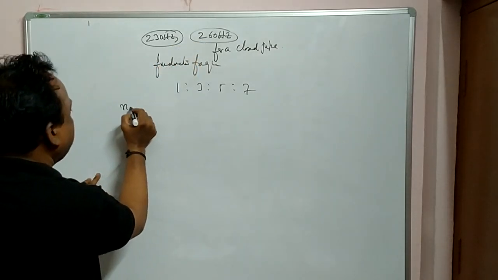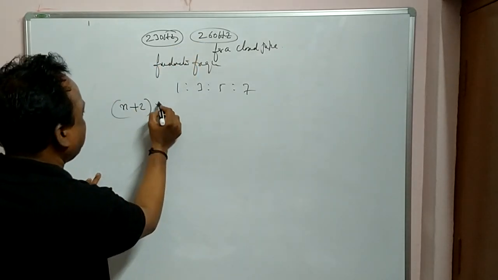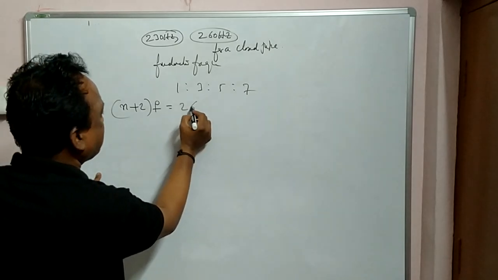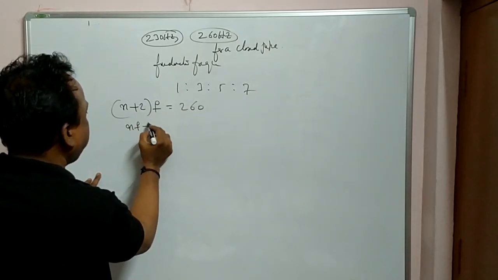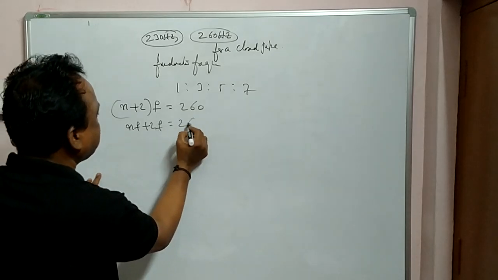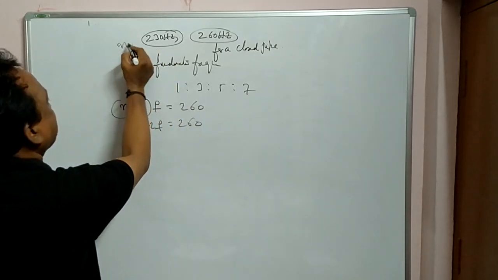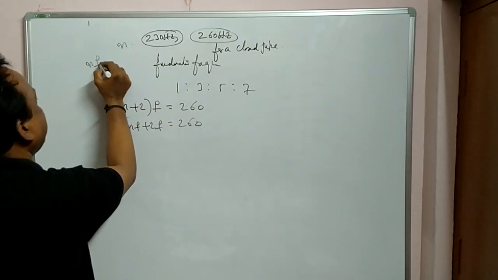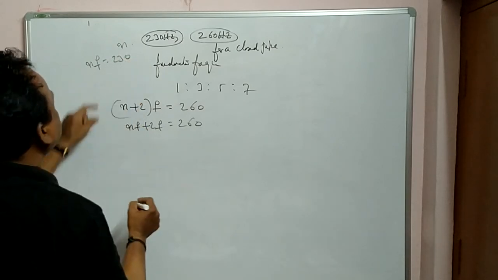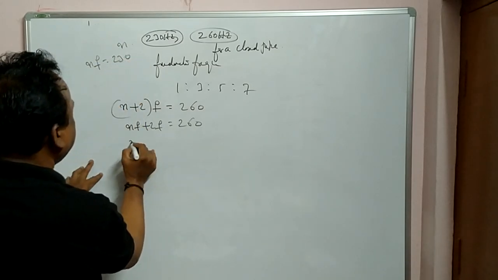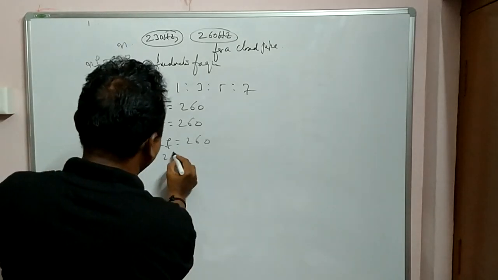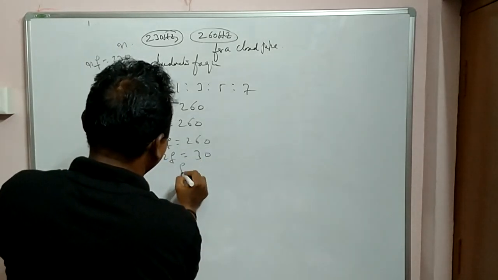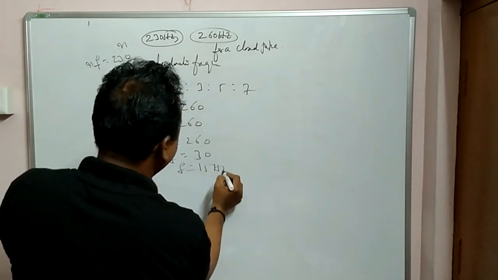So n plus 2 into f is equal to 260. Expand this: nf plus 2f is equal to 260. Let us take the nth one: n into f is equal to 230. Put that value here: 230 plus 2f is equal to 260. 2f is equal to 30, f is equal to 15 Hertz.